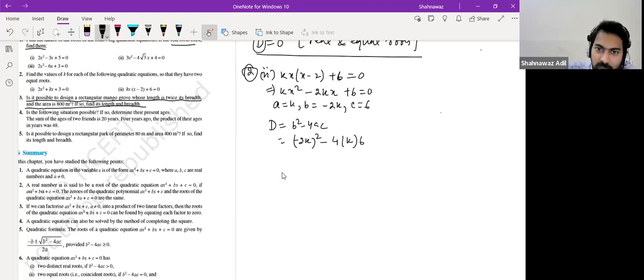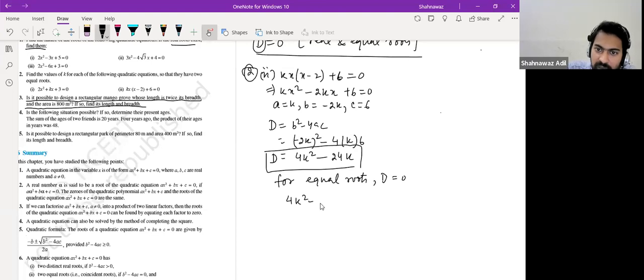That is 4k square minus 24k, so this is D. And for equal roots, this D is 0, which means that 4k square minus 24k is 0.